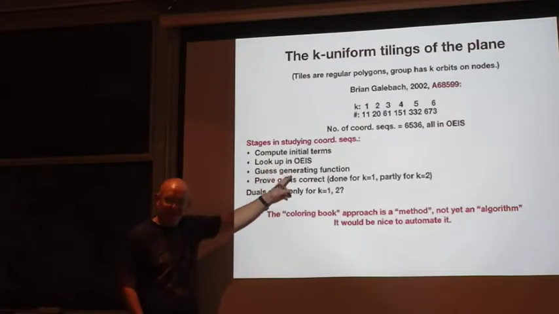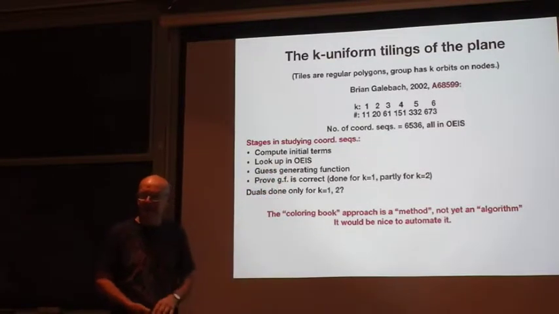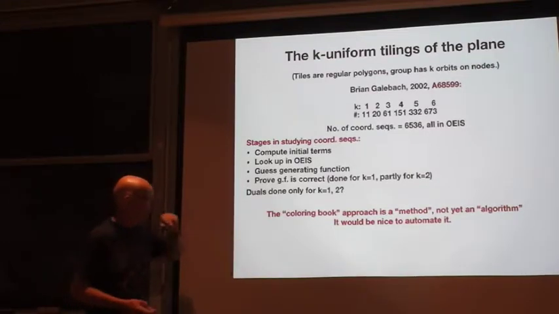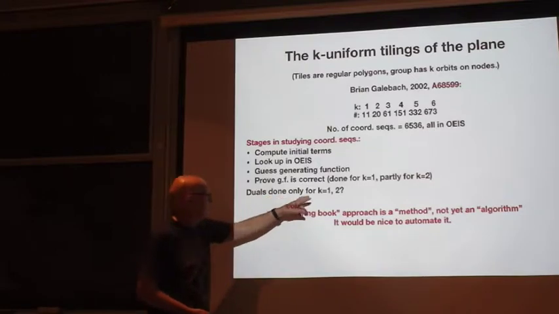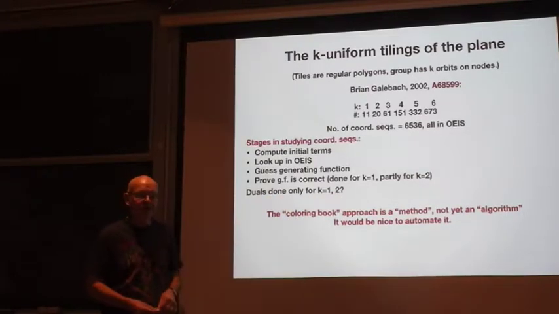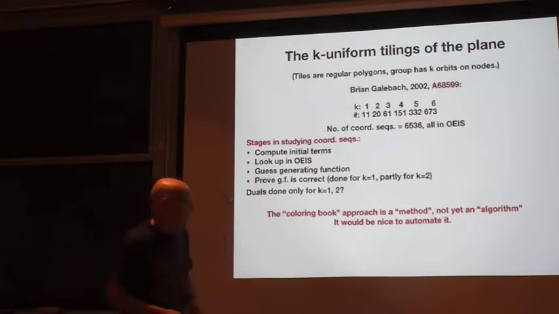It gets a little harder each step. The really hard part is to prove the generating function is correct. And you can use our coloring book method. And we've done it for the 1 uniform tilings. I'm not sure if we finished doing the proofs for all the 2 uniform tilings.